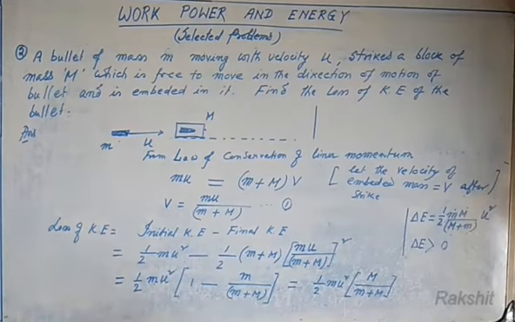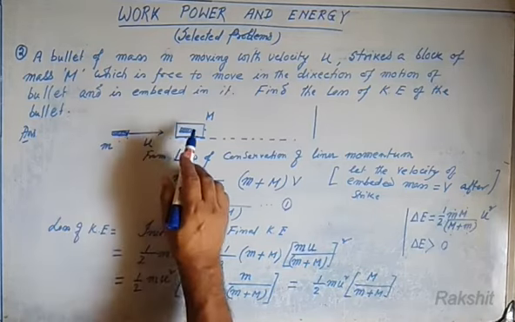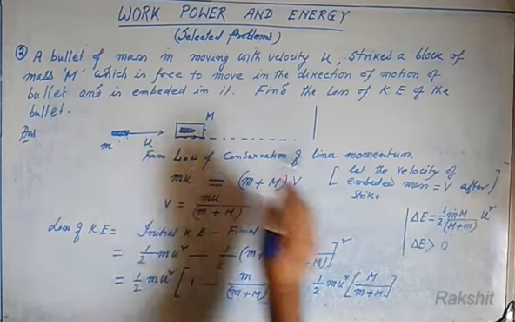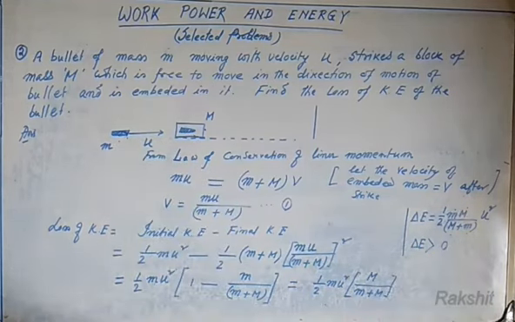Now a question here: when this bullet strikes the block, there is a loss of energy, but from the principle of conservation of energy, we know we cannot create energy. Energy remains the same.